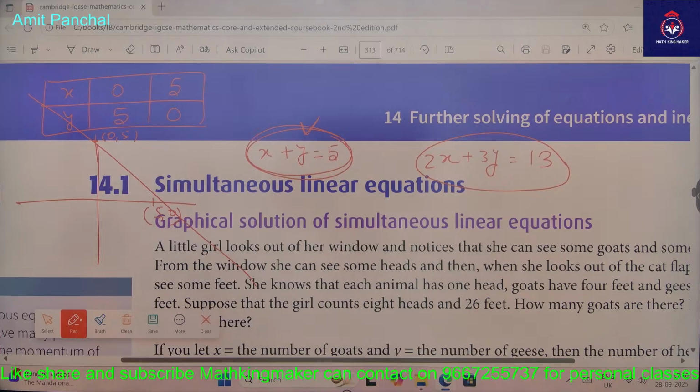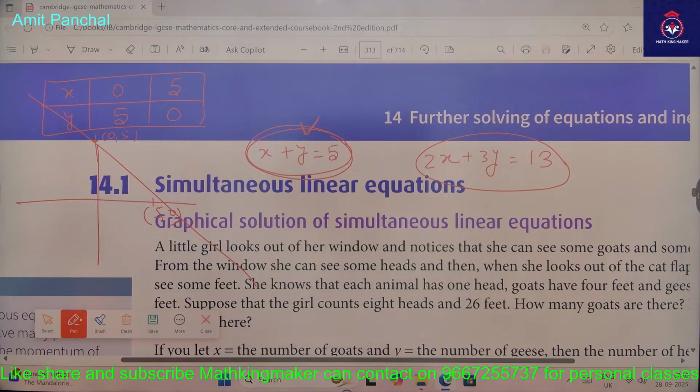Just try to draw that second equation as well. Try to draw the second equation.